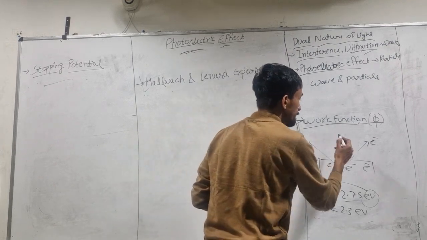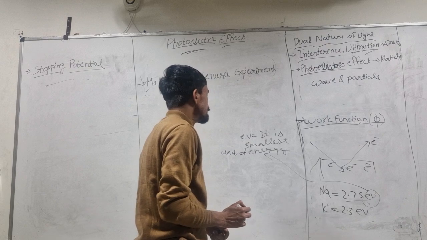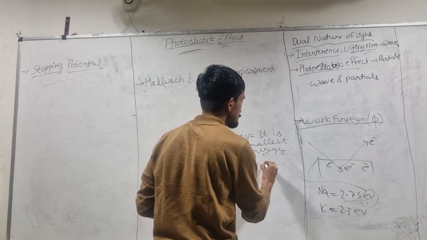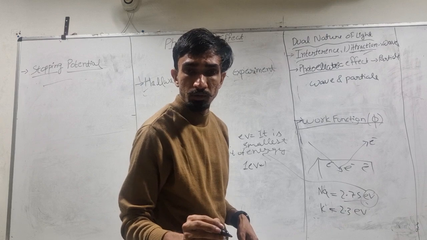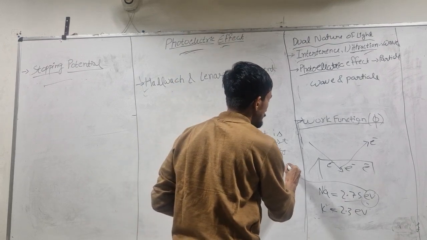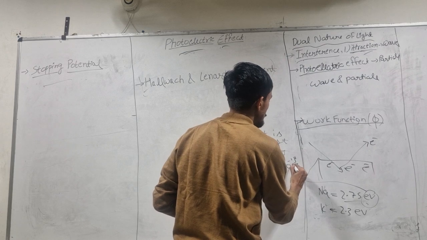So for work function, eV is the unit. 1 eV is equal to 1.6 multiplied by 10 to the power minus 19 joule.